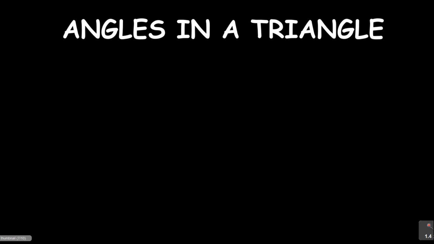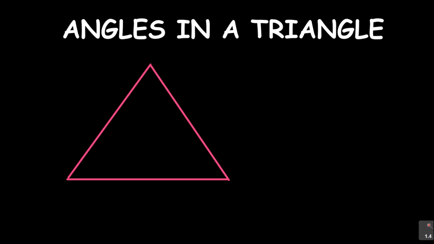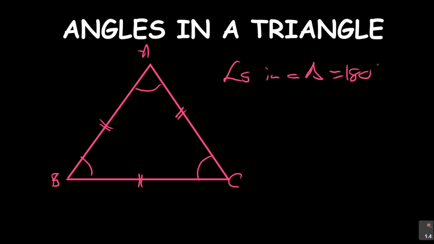All right. Angles in a triangle, that's where I'm coming into now. Let's start with the equilateral triangle, which I just did. If I've got a triangle called ABC, and I know that AB is equal to AC is equal to BC, how do I know that this angle is equal to 60 degrees? What you need to know is the sum of angles in a triangle is equal to 180 degrees.